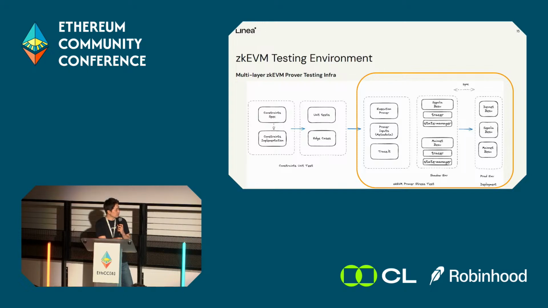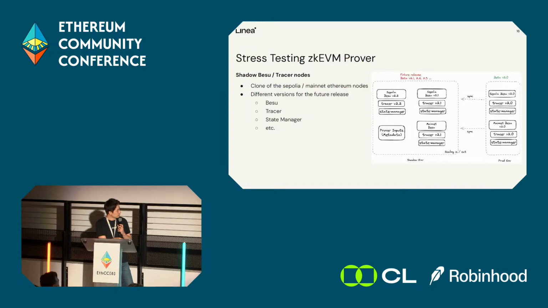So the next phase we are actually running the prover, and we are actually using some basic infrastructure solely designed for our testing. So let's move to the first infrastructure, which is called shadow environment. We call it a shadow environment because it's kind of a clone of our production environment.